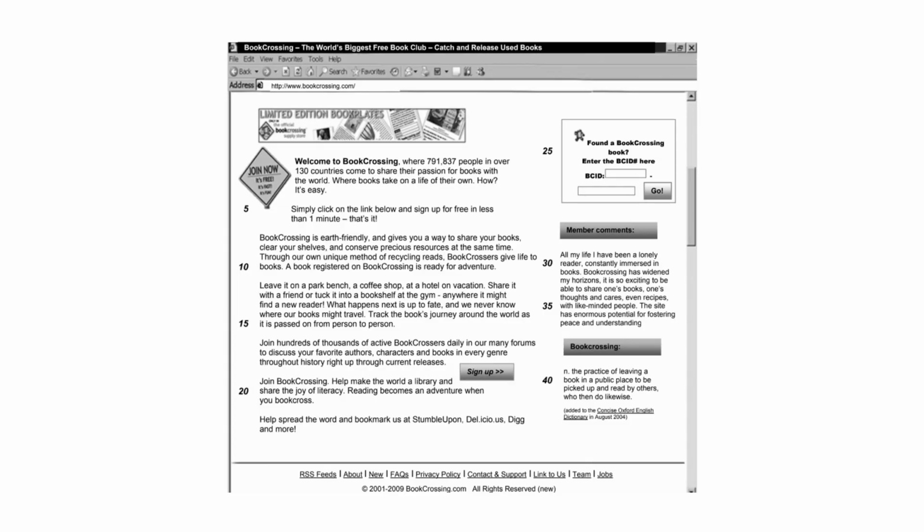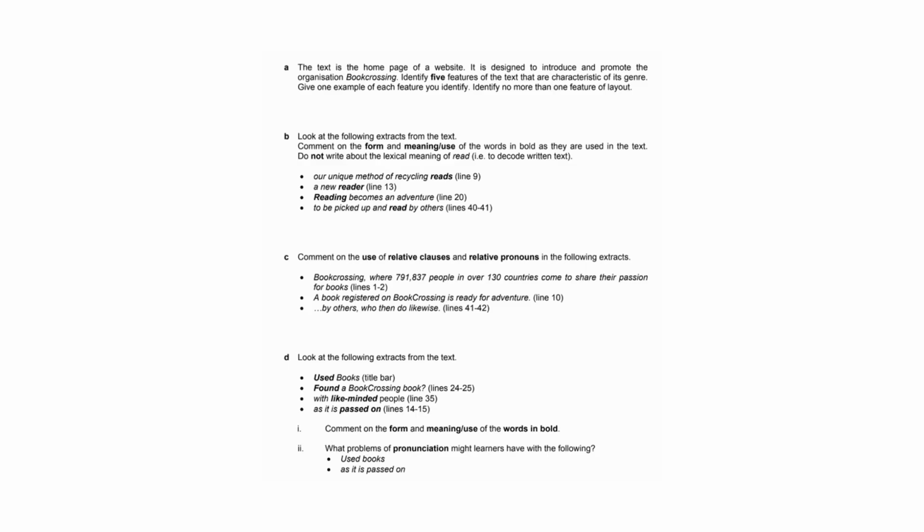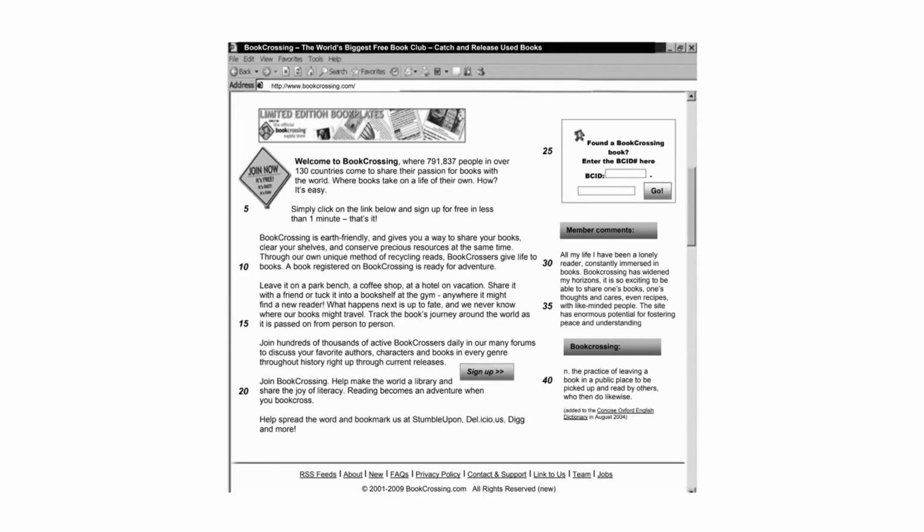But part 2, which is B, C, and D, is quite heavy. You have to analyze specific language items, like form, meaning, use, learners' errors, possible learner mistakes, and also pronunciation.